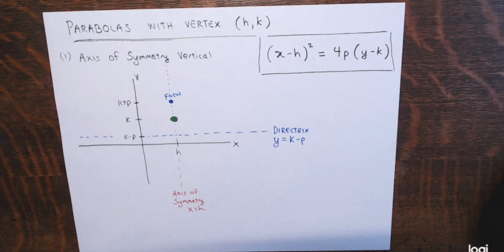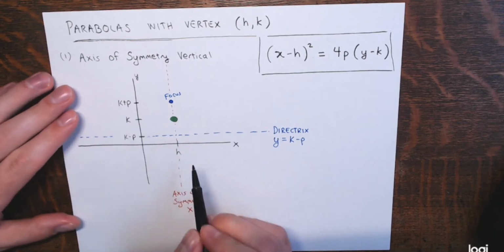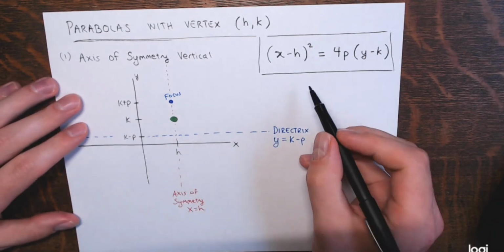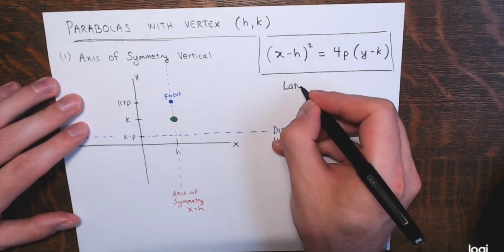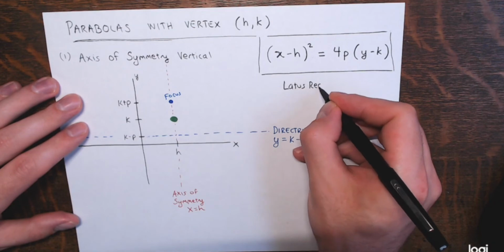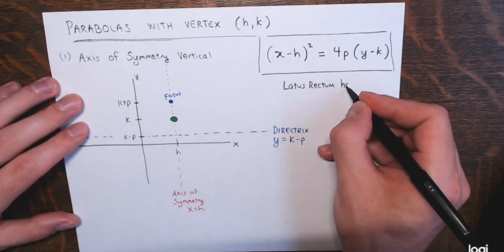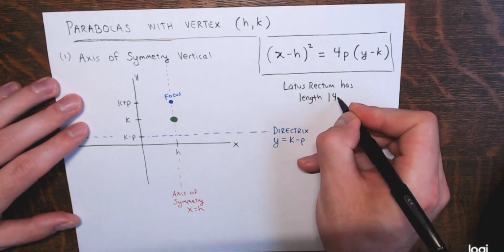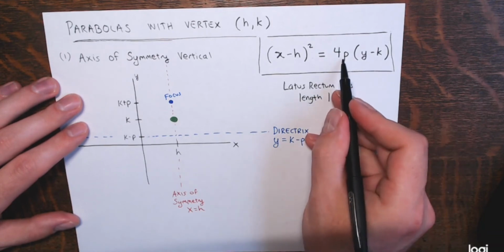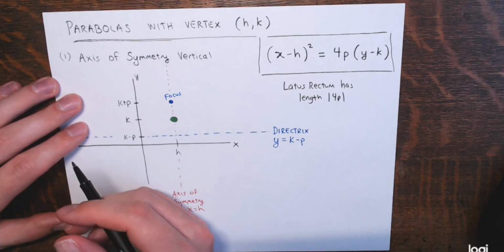And then you have these points at the ends of the latus rectum. I wrote this last time too, but remember the latus rectum has a length of the absolute value of 4p. Whatever 4p is here, make it positive, and that's the length of this latus rectum segment. So we use symmetry.